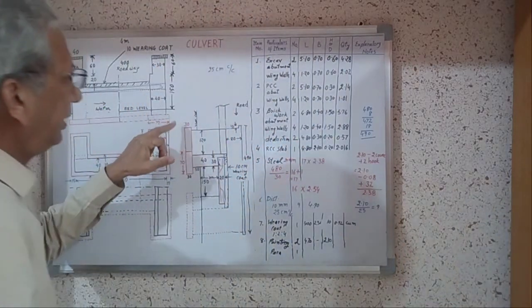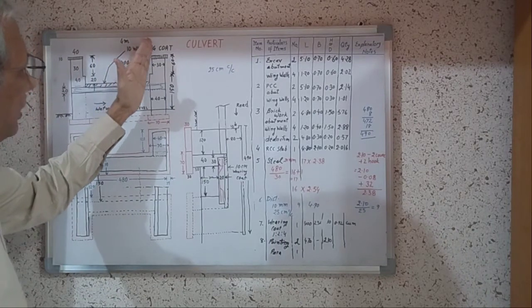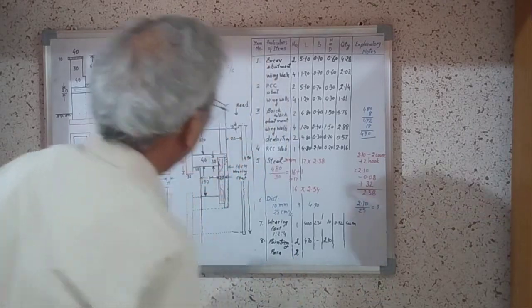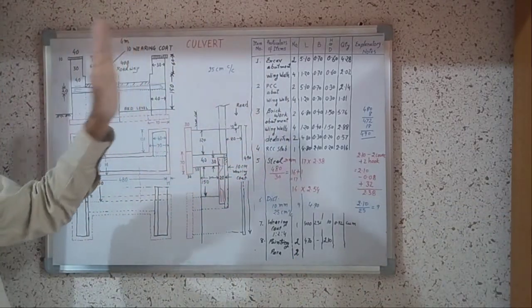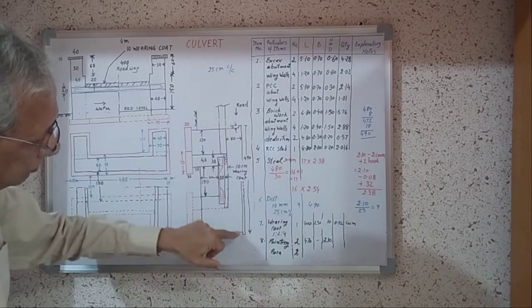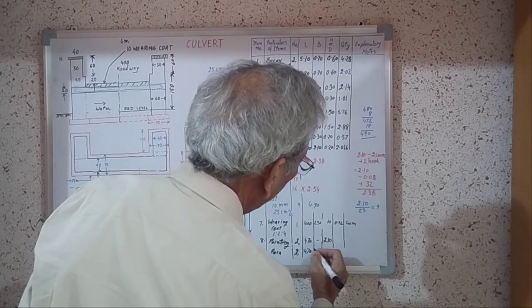Now in the parapet, this inner side, these are 2 number, 1 and 2 number, and the length of this parapet will be the same, from this up to this, same 4.70.